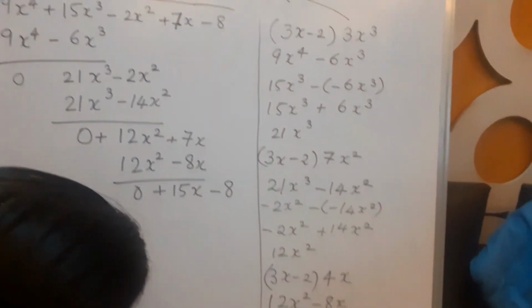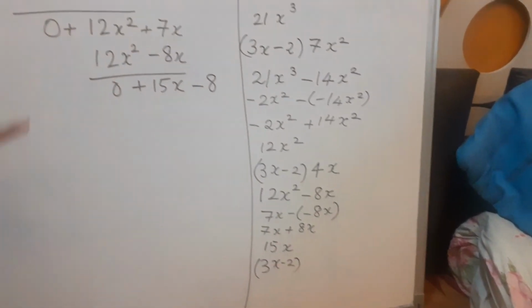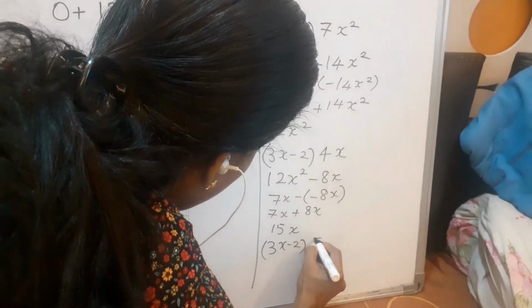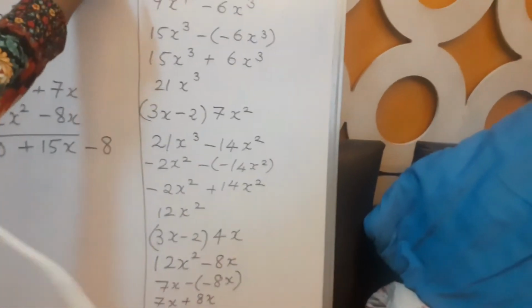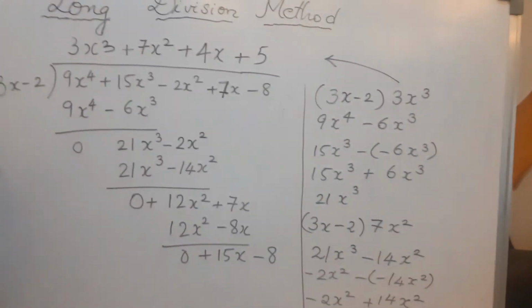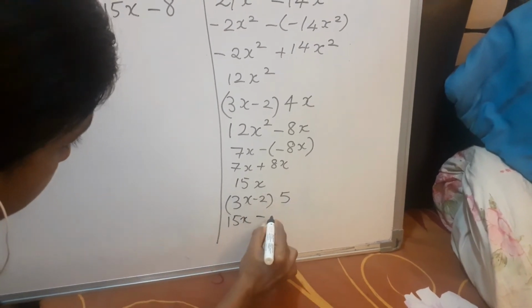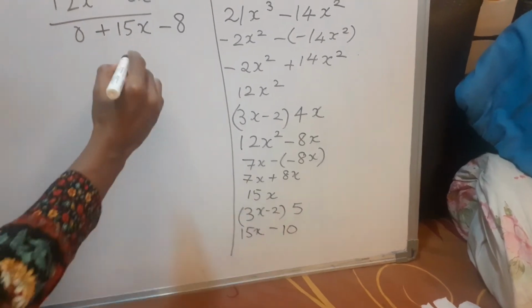Again write the divisor, 3x minus 2. Now what multiplied by 3x will give you 15x? Nothing but 5. Okay, write 5 immediately here so that you don't forget. And then solve this. 5 3s are 15, 15x minus 2 into 5 will give you 10. So this is 15x minus 10.